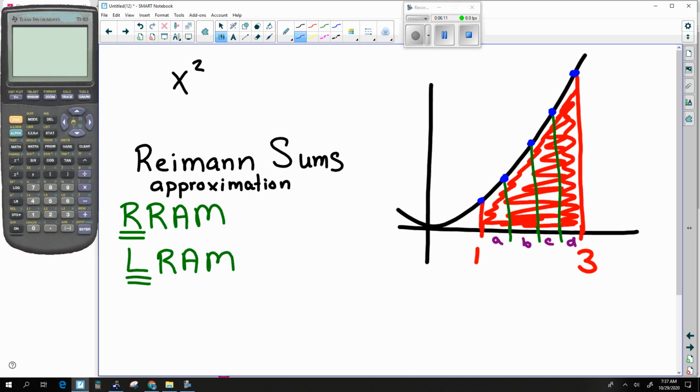So in A, it would come from the left side of A, B, left side of B. And you see in this situation, the rectangles would be underneath the curve, so the area that I get from these rectangles is too small. So the right hand was too big, and the left hand was too small in this particular case.